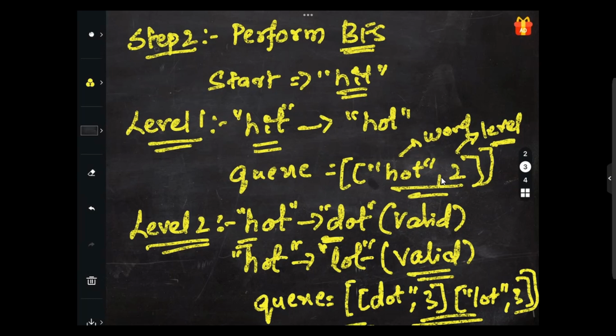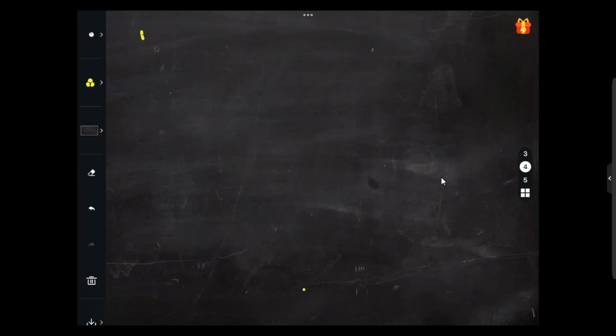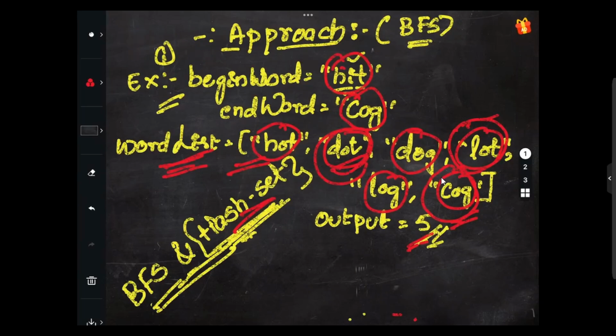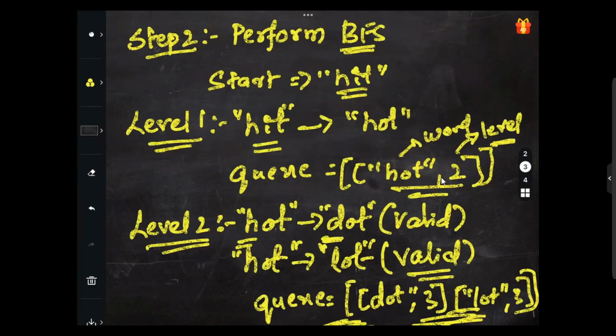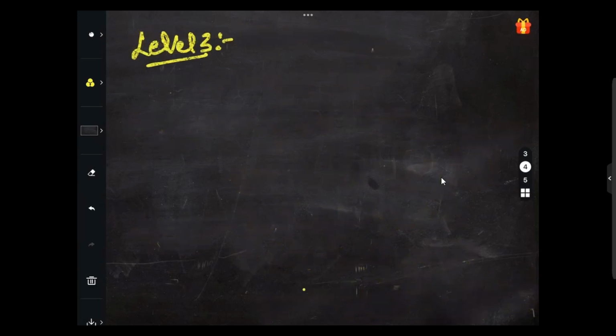The queue after processing level 2 will be dot and lot, right? So let's move on with level 3 here. At level 3, we have to process dot and lot. In the previous step, we have dot at level 3 and lot at level 3.